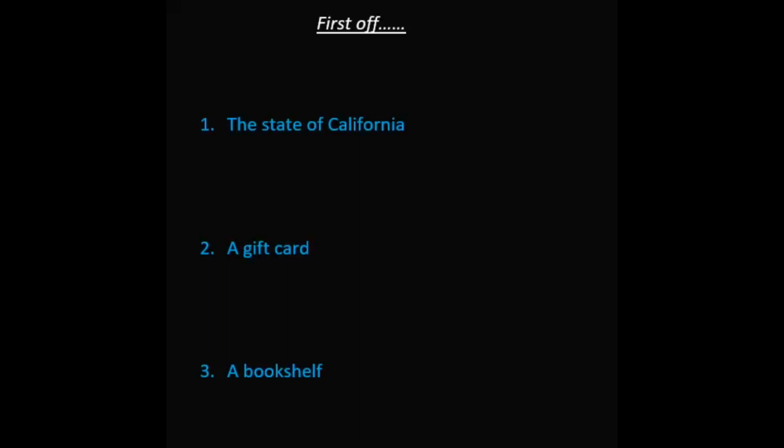A gift card is like the size of a playing card, and a bookshelf is a bookshelf. We're not going to be talking too much about the things themselves, but about what we would use if we ever had to measure them.